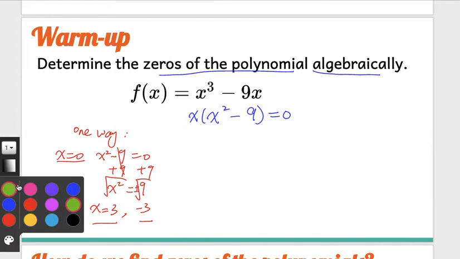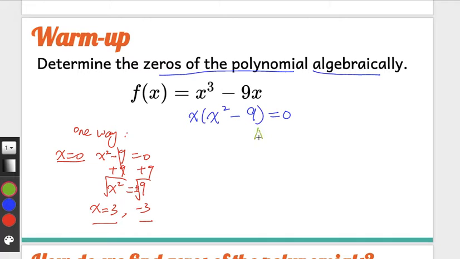Another way to solve it, I use green here. Very similar, no big difference. I'm going to continue to factor, because when I look at x squared minus 9, I notice this is actually a difference of perfect squares. So x minus 3 times x plus 3. Then these are the three factors here.